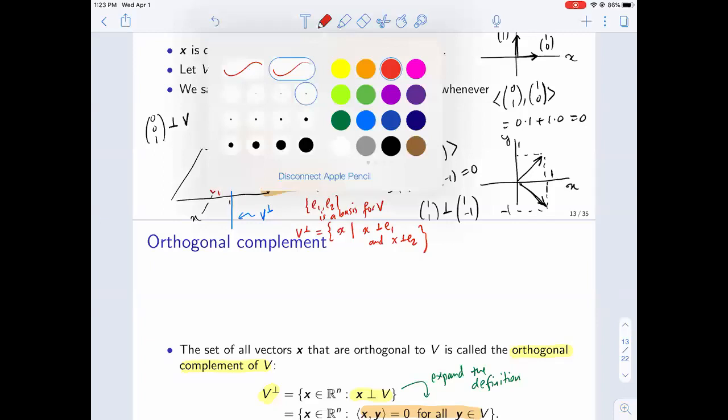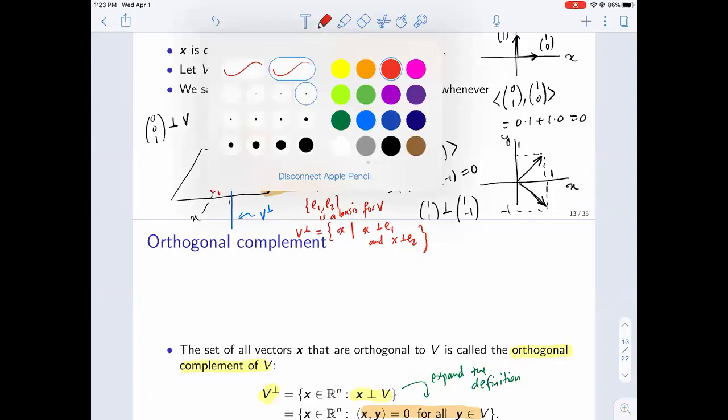So what is the inner product of x and E1? If x is x1, x2, x3.